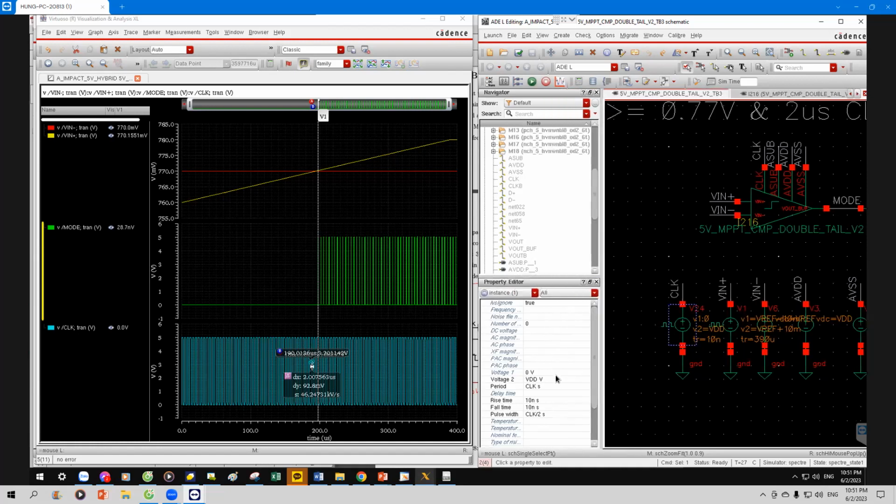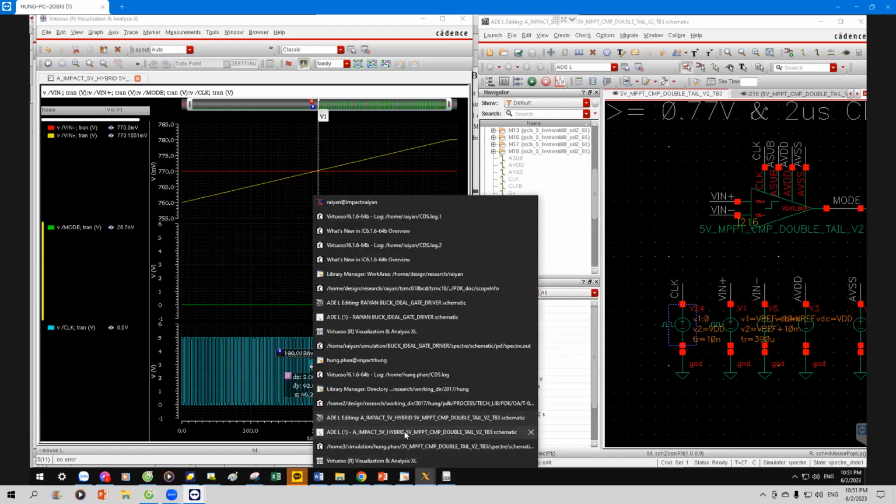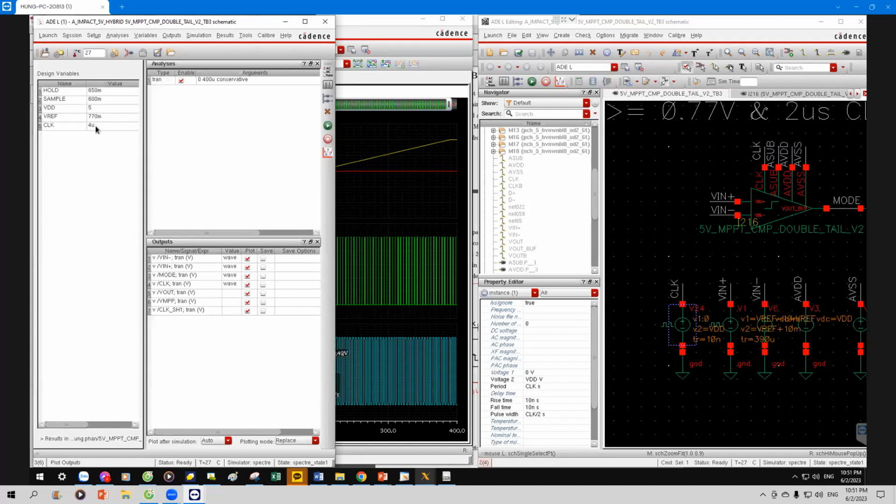If I change the clock here, if I set it to 100 microseconds and then run it.